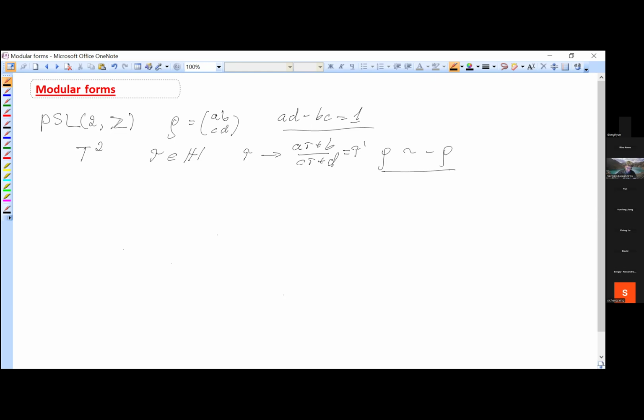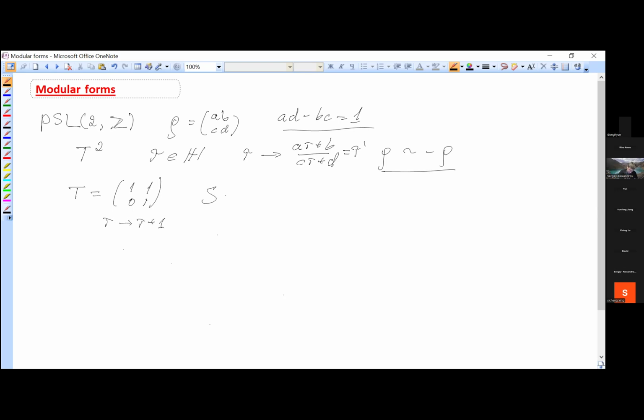What we should also know about this group is that it's generated by just two generators, the so-called T and S transformations. The T transformation is defined by this matrix, and it just shifts tau to tau plus 1.